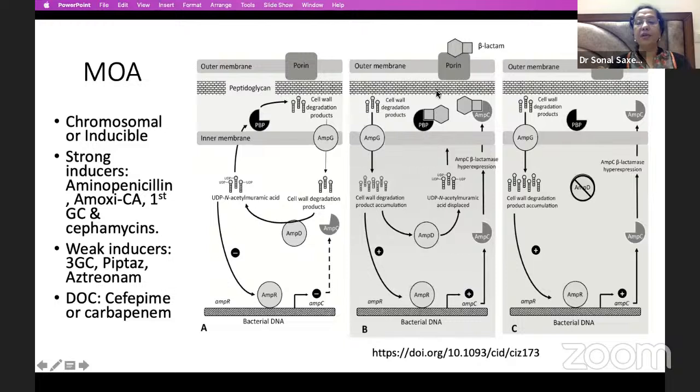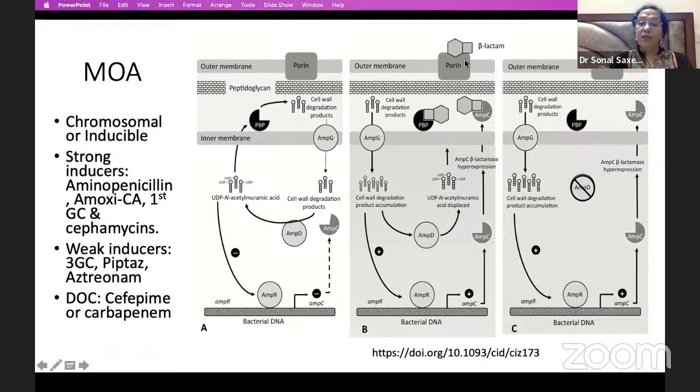When a beta lactam drug comes and binds to this penicillin binding protein, there is increased cell wall degradation product which accumulate the UDP murein chains. Once these accumulate, it stimulates the AmpR, which actually stimulates the AmpC. Once the repressor effect is removed, much like a lac operon, the AmpC synthesizes the AmpC beta lactamase.